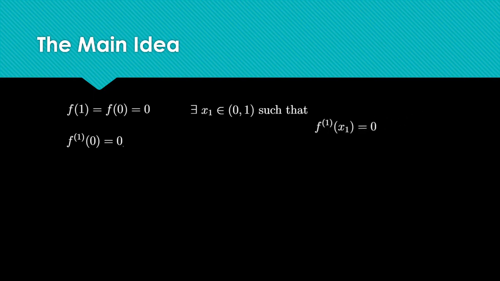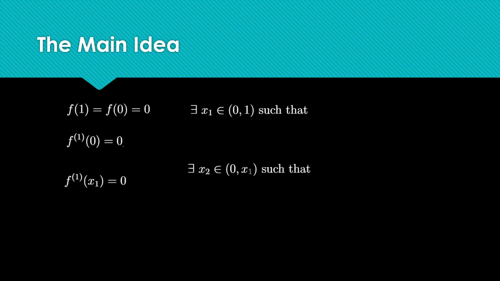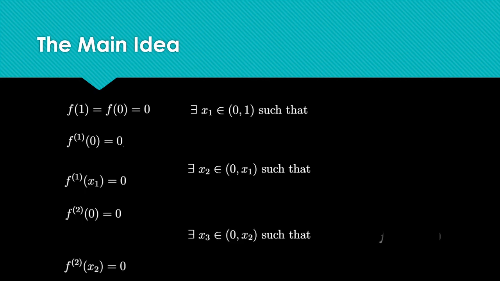So we can use these two properties, the one we got and the given condition, to get that there exists an x2 between 0 and x1 such that f''(x2) is 0. And we are also given the condition f''(0) equals 0. So we can use these two together to get that there exists an x3 between 0 and x2 such that f'''(x3) is 0.